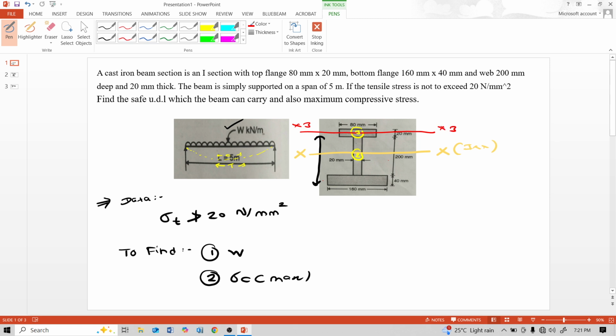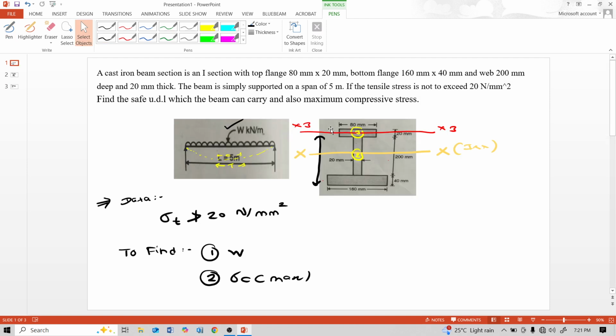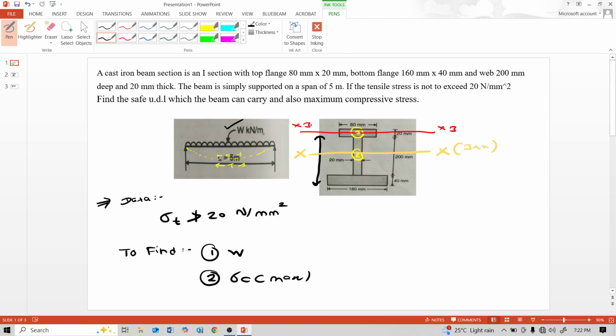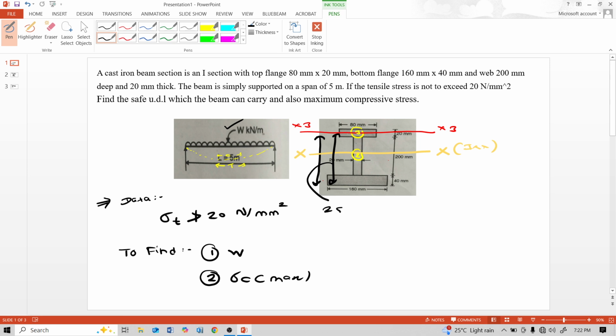So this x3 is parallel, the dimension is 80 as it is, multiplied by 20 cubed divided by 12, plus the area of the top flange, 80 multiplied by 20, that means 1600 mm squared, and multiplied by the distance between both these axes. The x3 axis from the bottom, y3, is 250 mm, and this x axis is 90.67 mm.